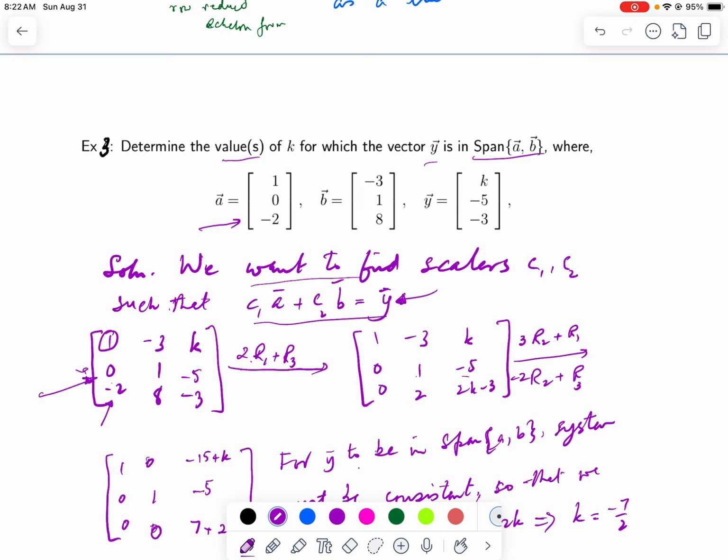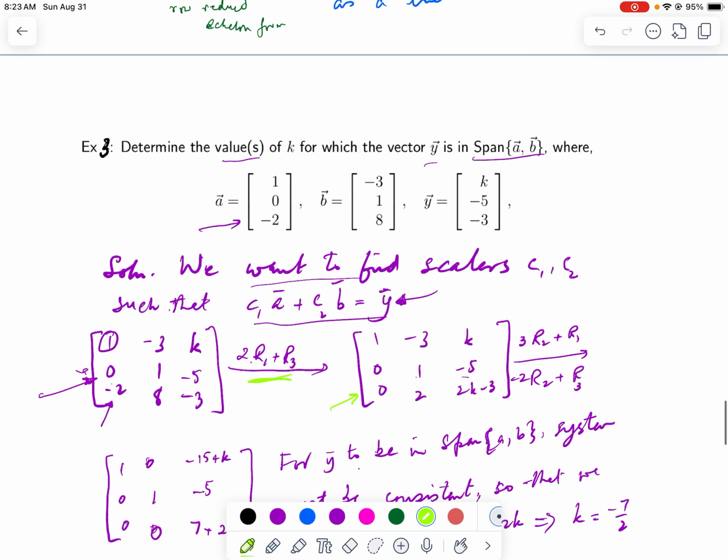So 2R1 plus R3. I apply that and I end up getting the next matrix over here. So 1, 0, 0 is the first column, negative 3, 1, 2 the second column now. Why? Because I multiply the first row by 2 and add it to the third row.